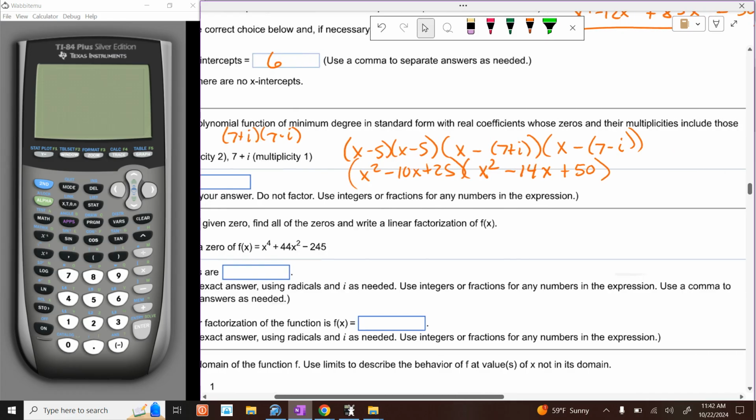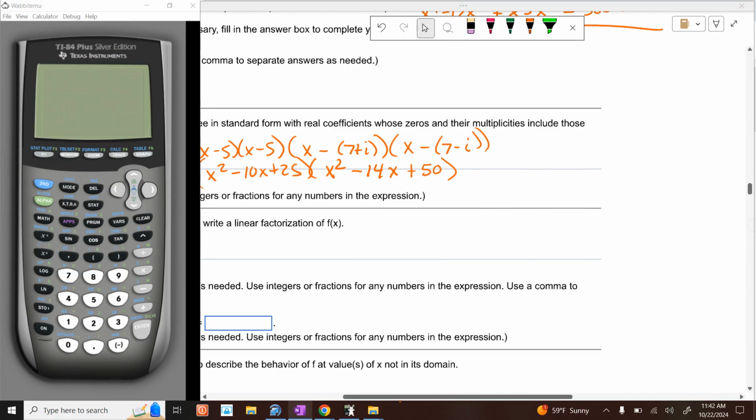And then you have to triple distribute that. So it's x squared, or x to the fourth. If I take x squared and distribute it through everything, x to the fourth minus 14x cubed plus 50x squared. And then 10x times x squared is negative 10x cubed plus 140x squared minus 500x.